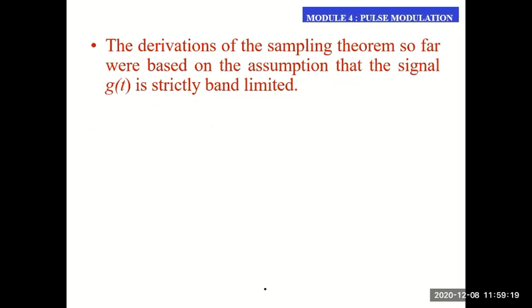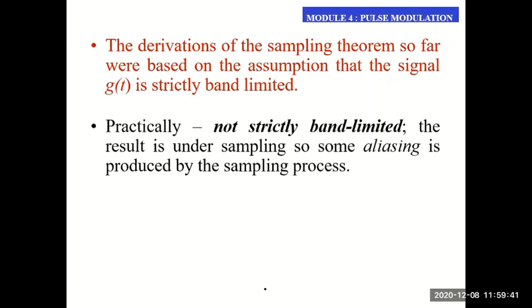And the derivations of sampling theorem, which we have done so far, were based on the assumption that the signal G of T is strictly band limited. Only then we could get that relation between G of F and G delta of F. We could relate G of F with G delta of F easily because it was strictly band limited.